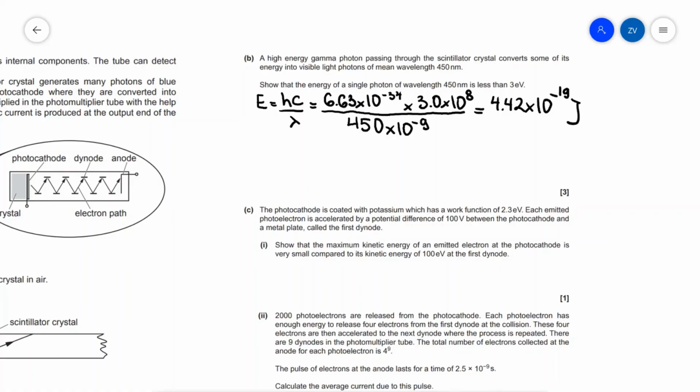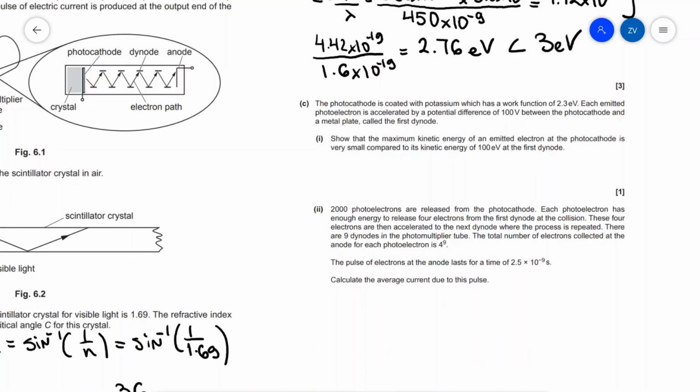Now remember, in order to convert this to electron volts, we will need to divide by the elementary charge. So 4.42 times 10 to the power of minus 19 over 1.6 times 10 to the power of minus 19 is going to give us 2.76 eV, which is less than 3 electron volts.